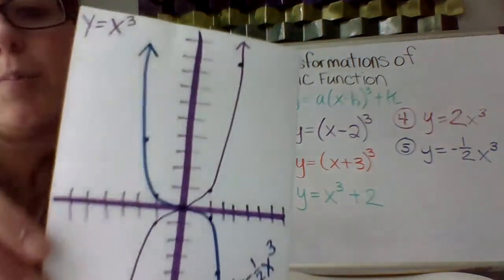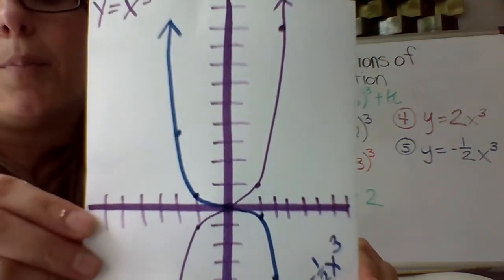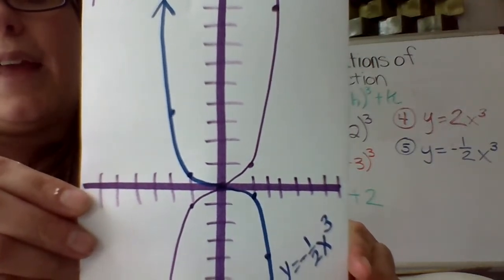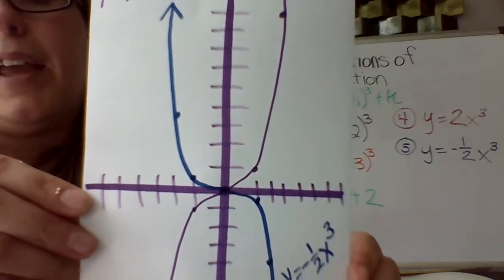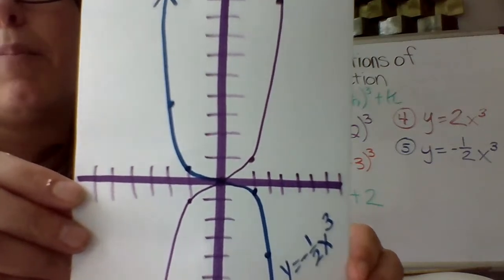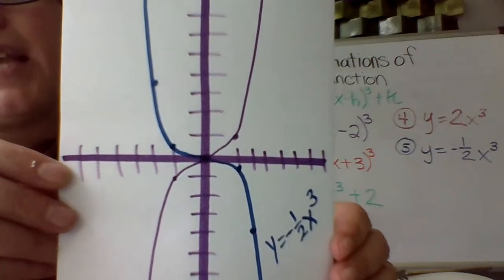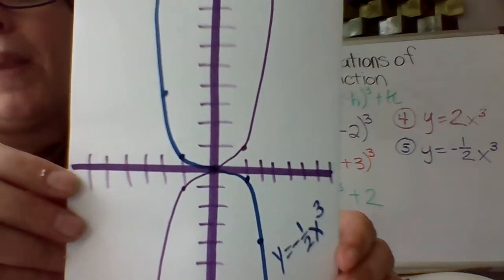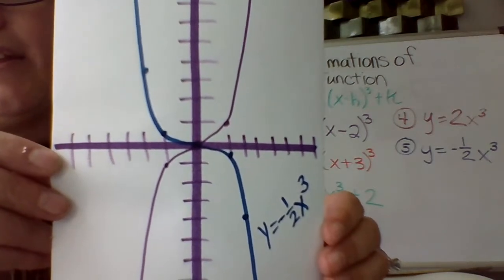Okay. So the purple is my original. Try and get it straight, sorry. Purple is the original. And the blue, you'll notice it flipped. Okay, so the graph itself flipped. That was the negative result. But you'll also notice it's not as steep. So instead of 2 being all the way up to 8, the 2 is now at a negative 4.